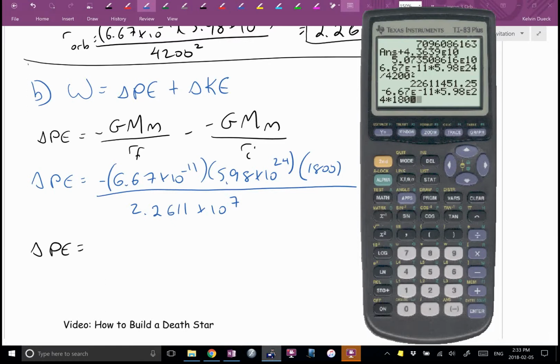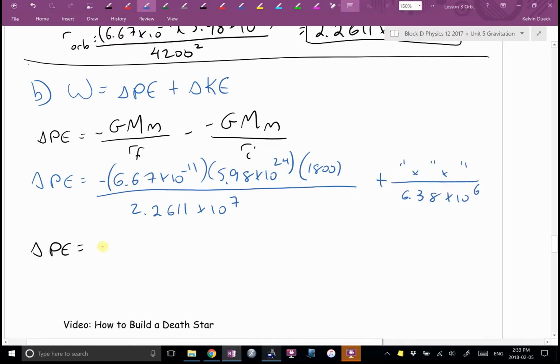Times 1800 divided by 2.2611 scientific notation button 7. And I get negative 3.1753 times 10 to the, was it 10th?